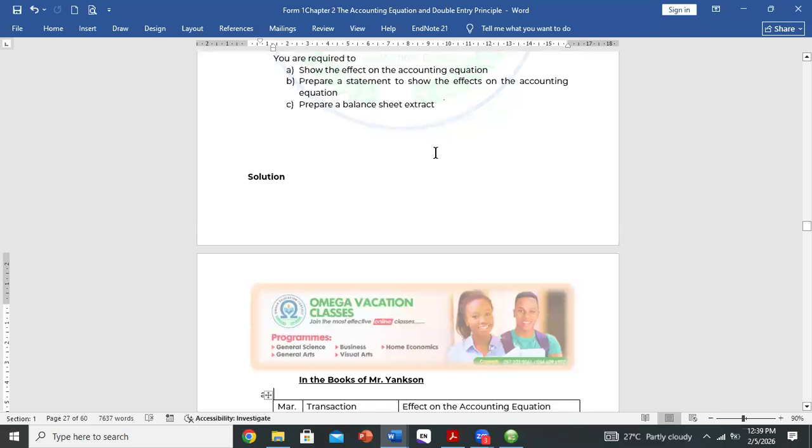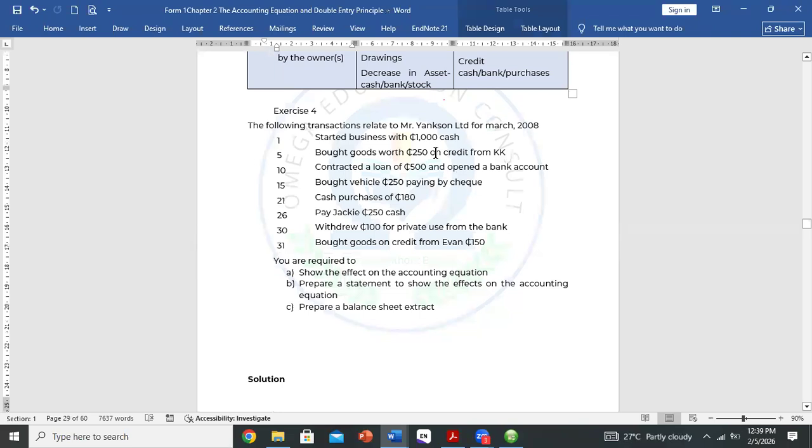Bought goods on credit, contracted a loan, bought vehicle, cash purchases, pay Jackie 250, withdrew 100 cedis for private use, bought goods on credit. So you see that they are now making sense, right? Credit sales, cash sales, credit purchases, cash purchases. The business is buying an asset, the business is going for a loan.